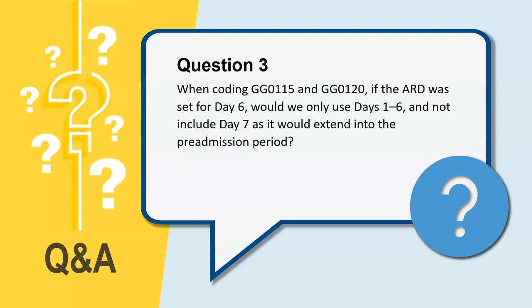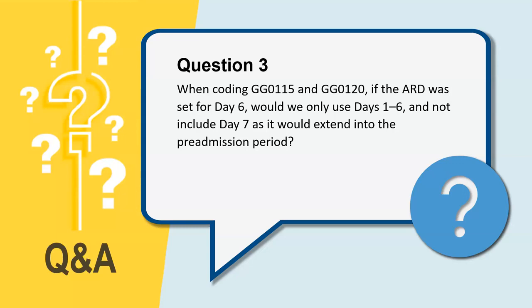Okay, great. And then our last question, when coding GG013I and GG01301, if the ARD was set for day 6, would we only use days 1 through 6 and not include day 7, as it would extend into the pre-admission period?